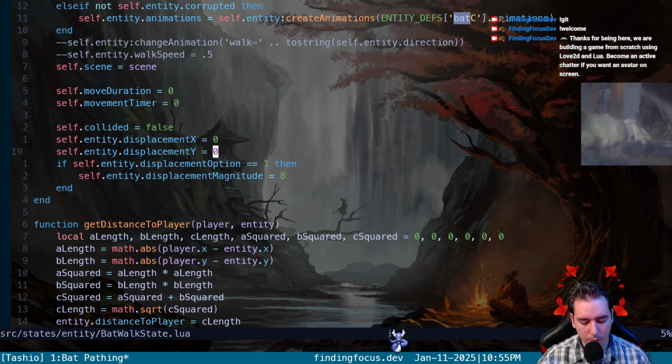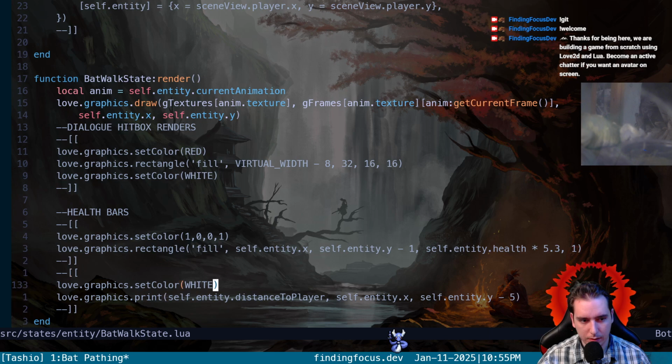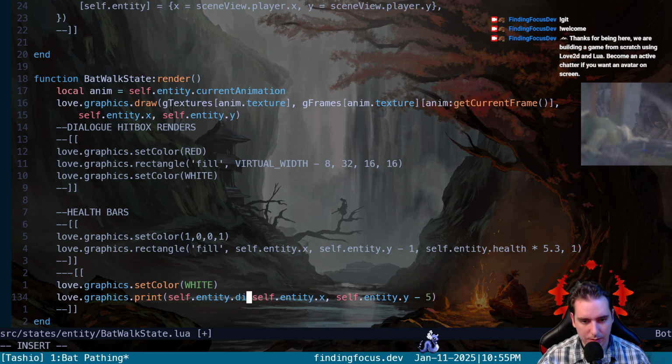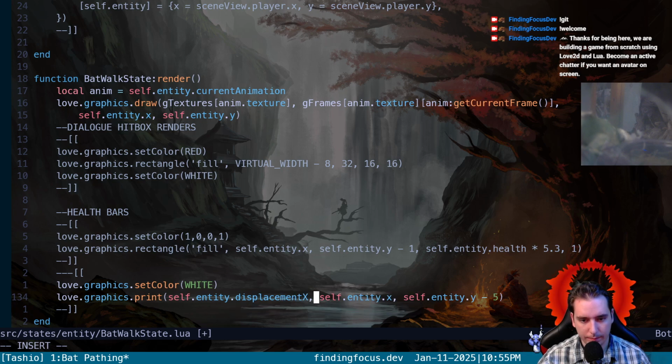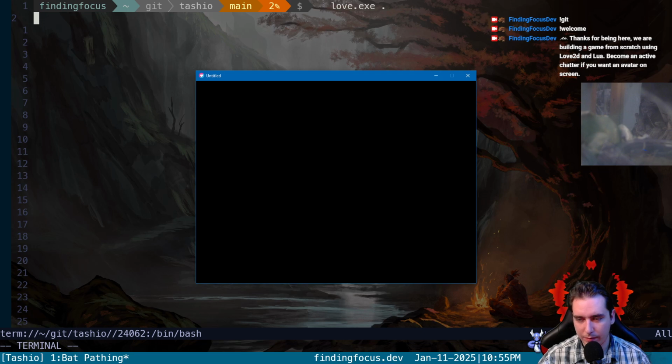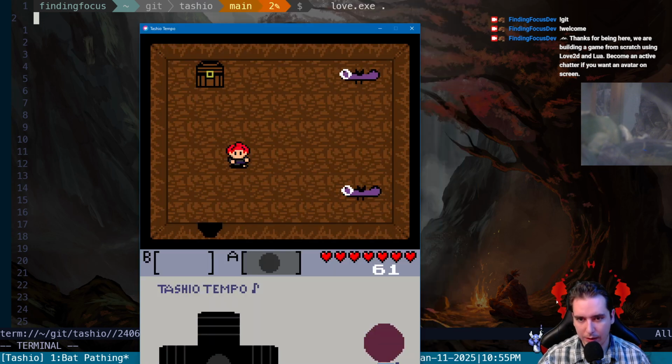If this is our bat walk state, we can print up the displacement X. So let's just say that this is displacement X. Okay, so now we should be printing 0 up above our bat, and that'll be our displacement X, which right now we're not doing anything.